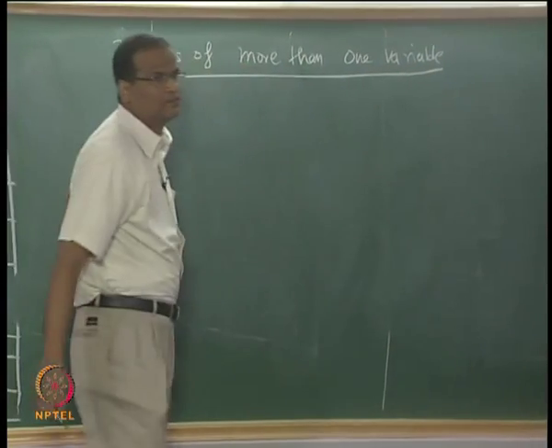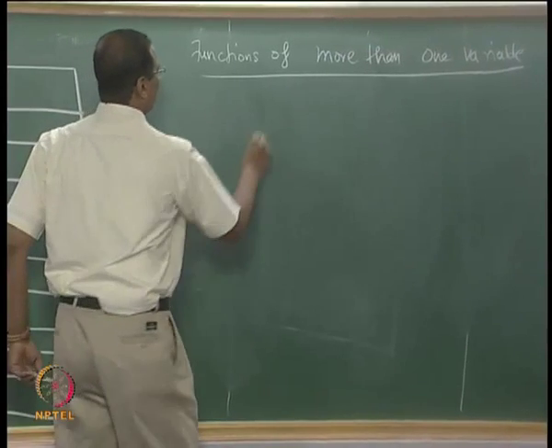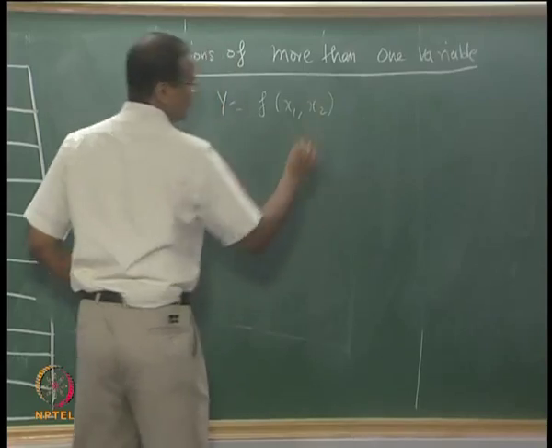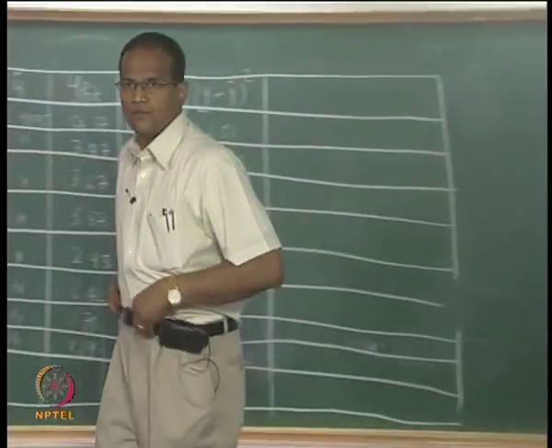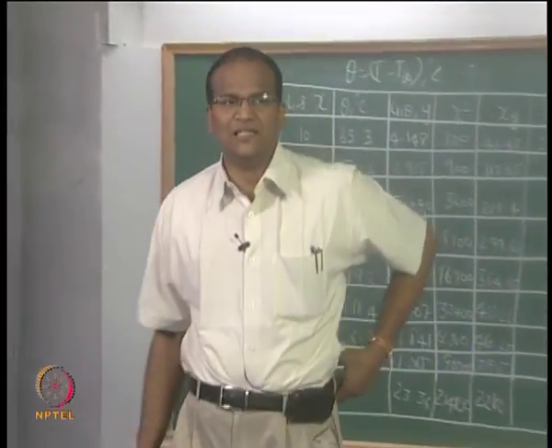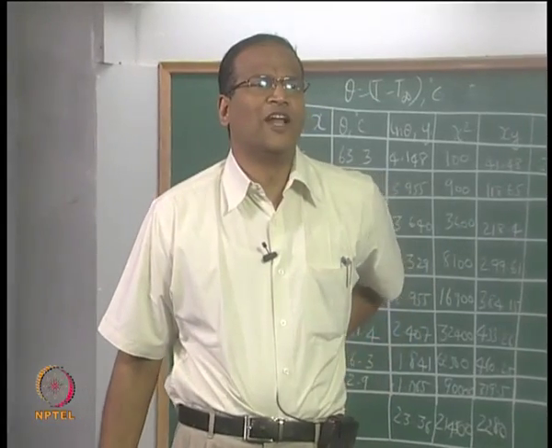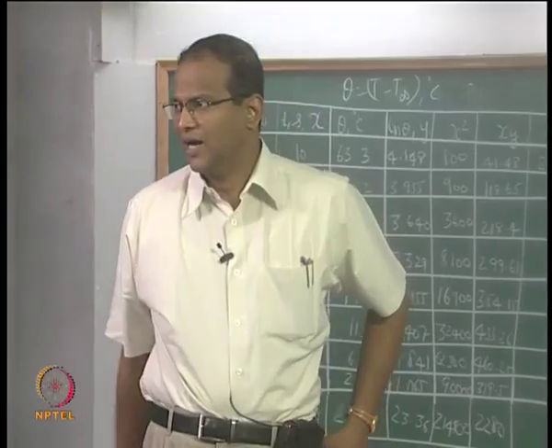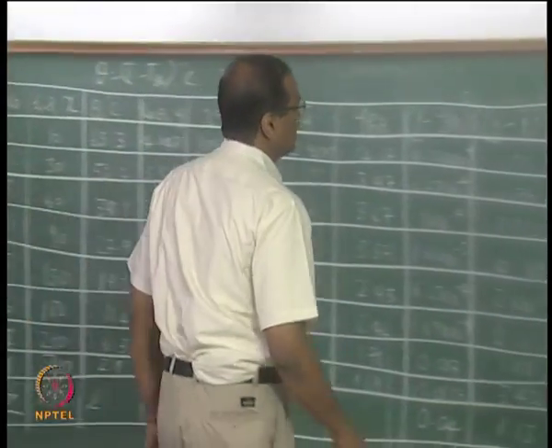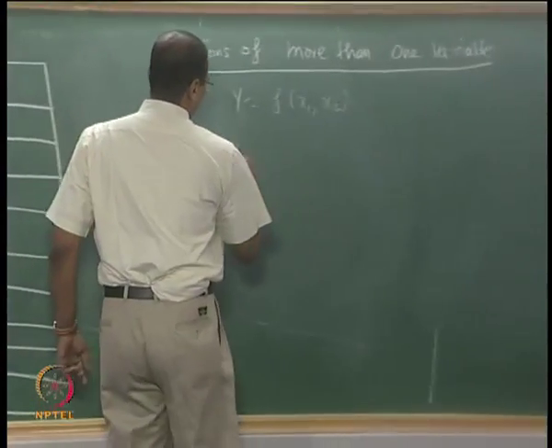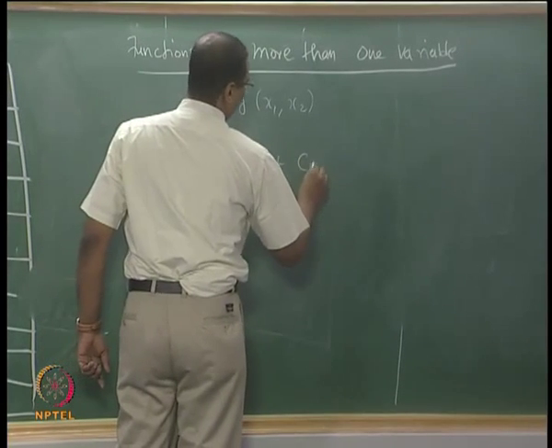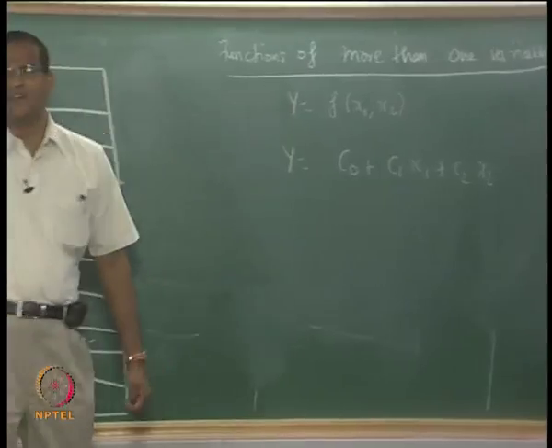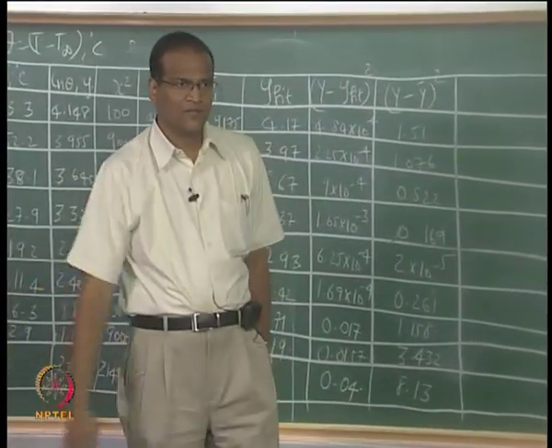So y is a function of the efficiency of an IC engine, okay, or the efficiency of a fan and duct system, the function of 2-3 parameters, flow rate, head and so on. Now suppose I propose the simplest linear form, right, correct.